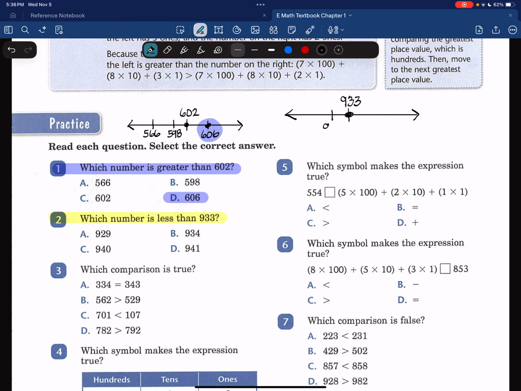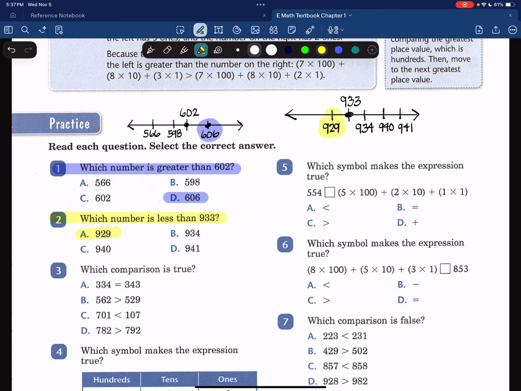That would be lower. 934 would be higher. 940 would be higher. And 941 would be higher. The question is which is less than 933, and that would be 929.